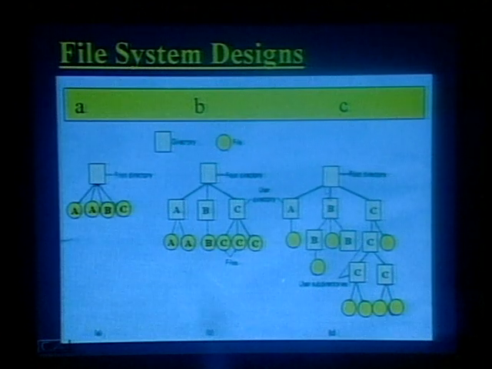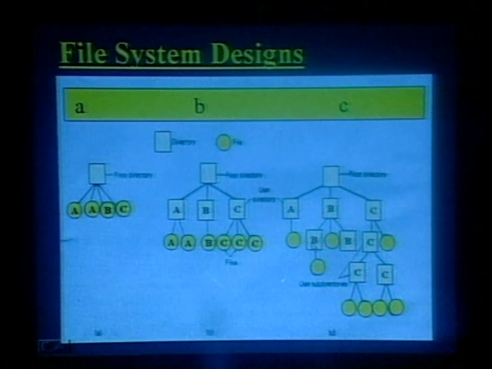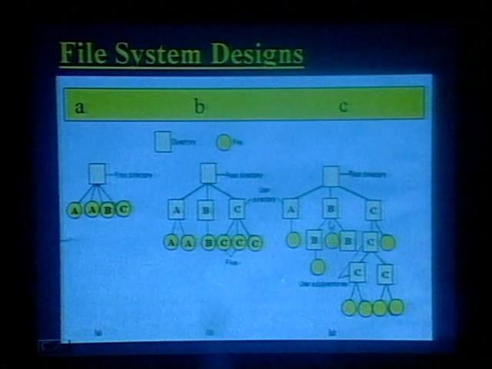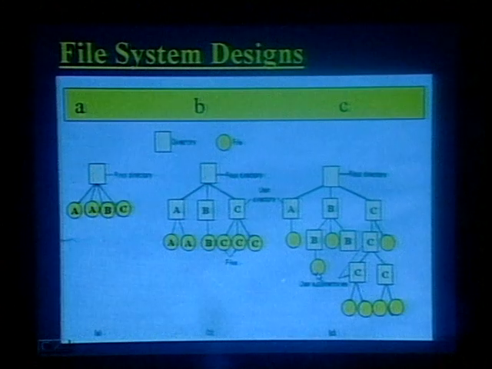It means the system gives a directory to user B, and then user B can have subdirectories in that as well as files. Essentially this is the user's root directory, and he can have multiple directories, and then in these directories the user can have files.